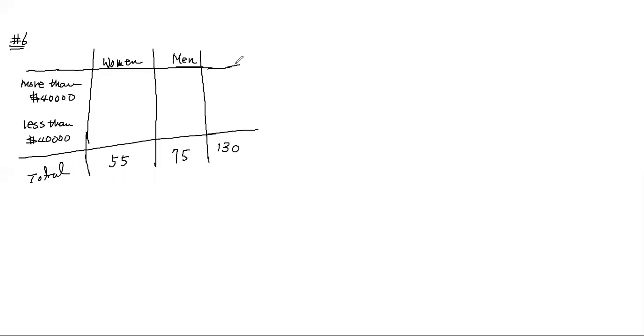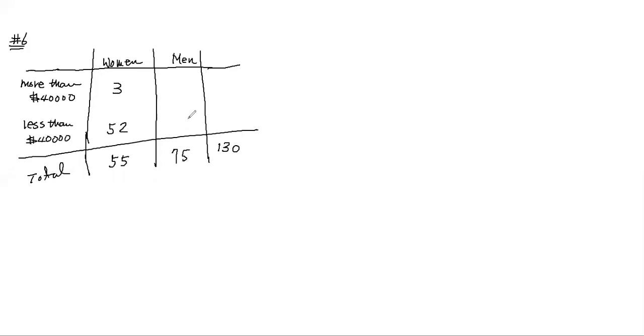Okay, so now let's read again. They say 55 women, 3 women earned more than 40,000. So out of the 55, 3 of them earned more than 40,000. If 3 out of 55 women earned more than 40,000, how many with less? It will be 52, right? The same way for the men here.